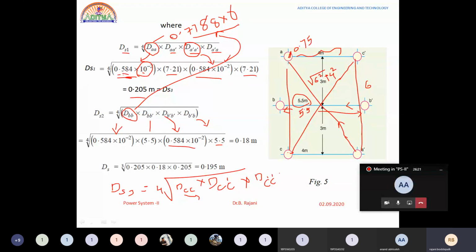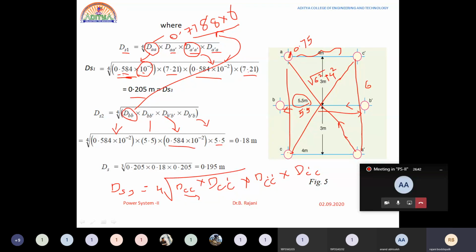And next one is, what is the next combination? D into C dash C. What is C dash C we are having? C dash is here and C is here. The distance we want to find, 6 square plus 4 square under root, gives you the value of, what is that value? 7.21.